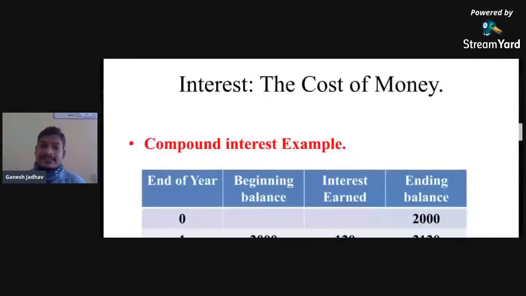Okay, then this is the period chart, the table chart of compound interest. This is the example.